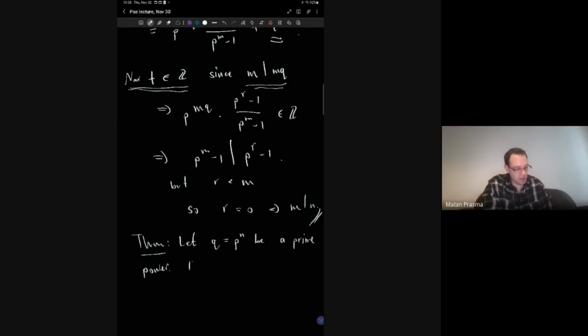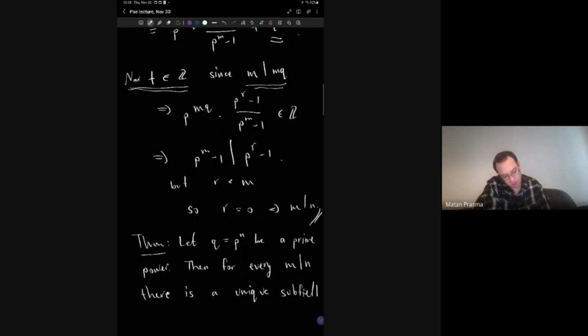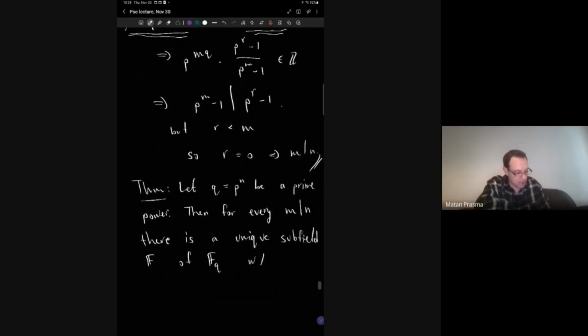Then for every m that divides n, there is a unique subfield F of F_q with exactly p to the m elements.